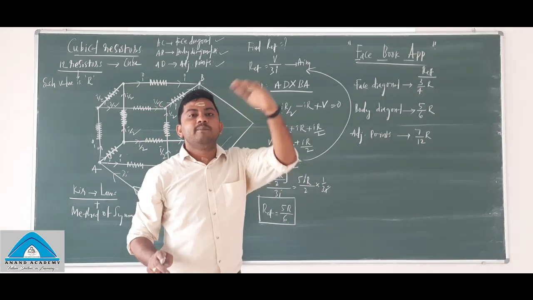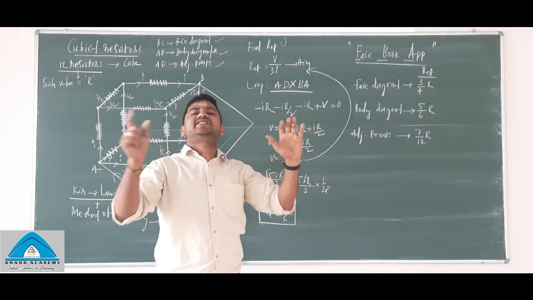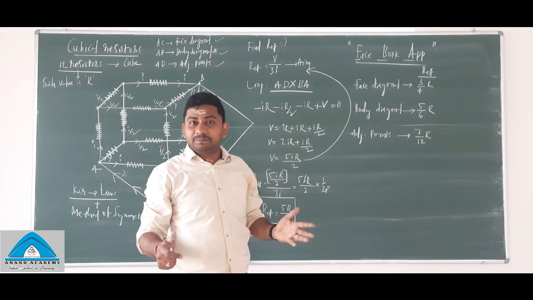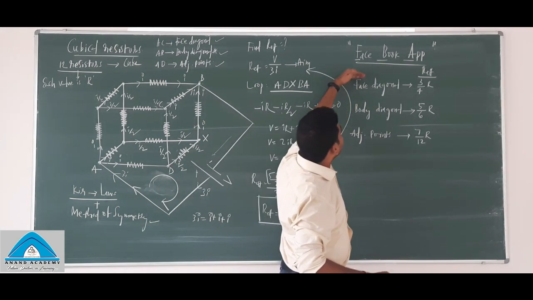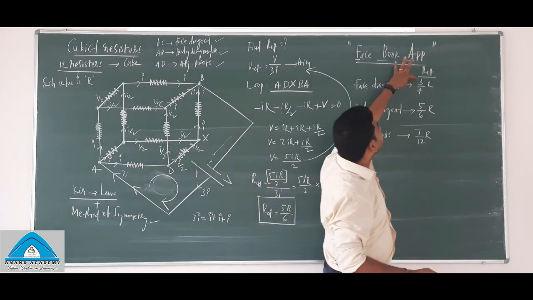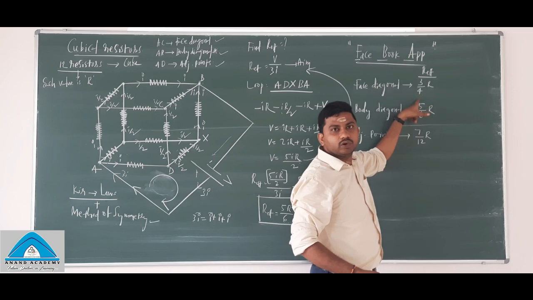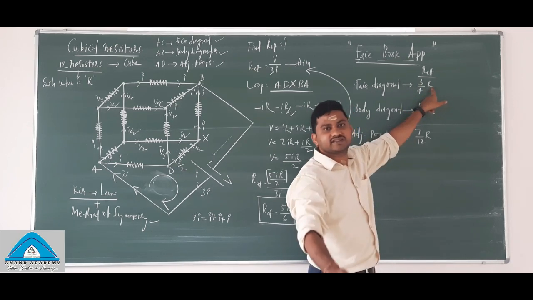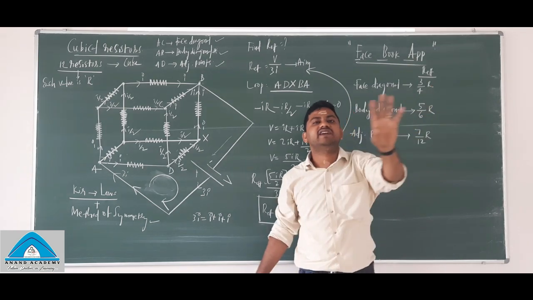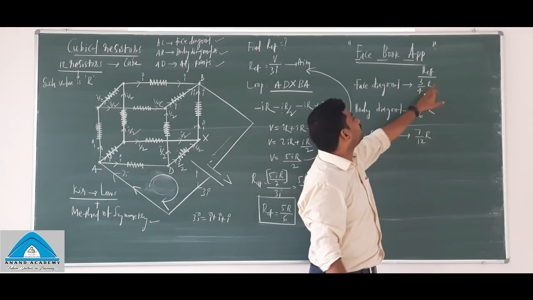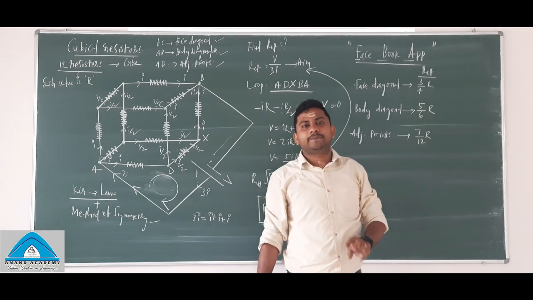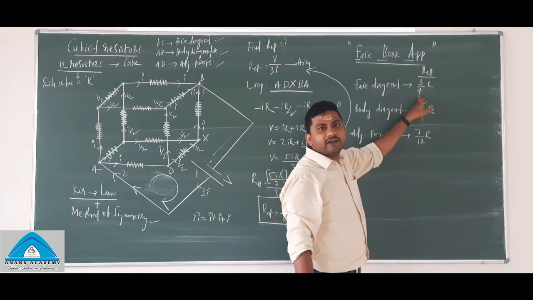Only 3 cases: body diagonal, face diagonal, adjacent point. There won't be any other case possible. So 1, 2, 3. Start from 3. 3 by 4 into R, where R is the value of each resistance. If the value of each resistance is given as 4 ohm, 3 by 4 into 4, the 4 gets cancelled. Your answer will be 3 ohm.